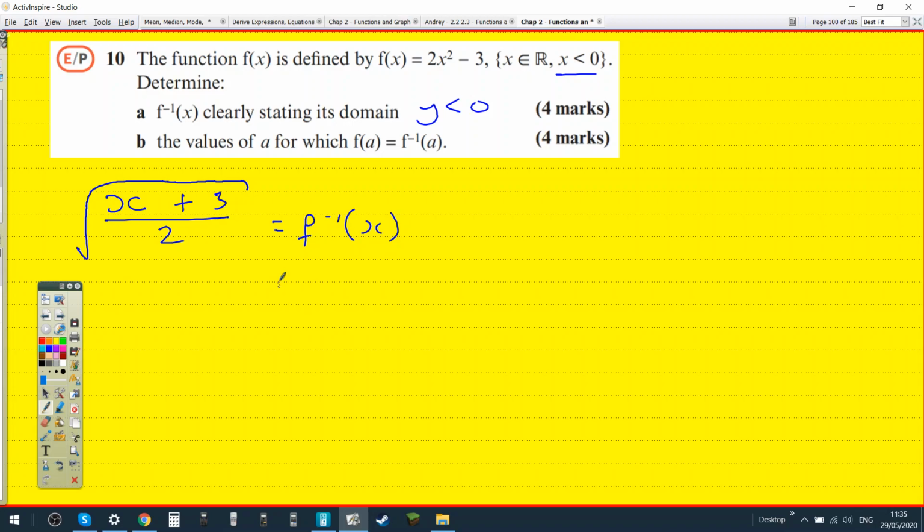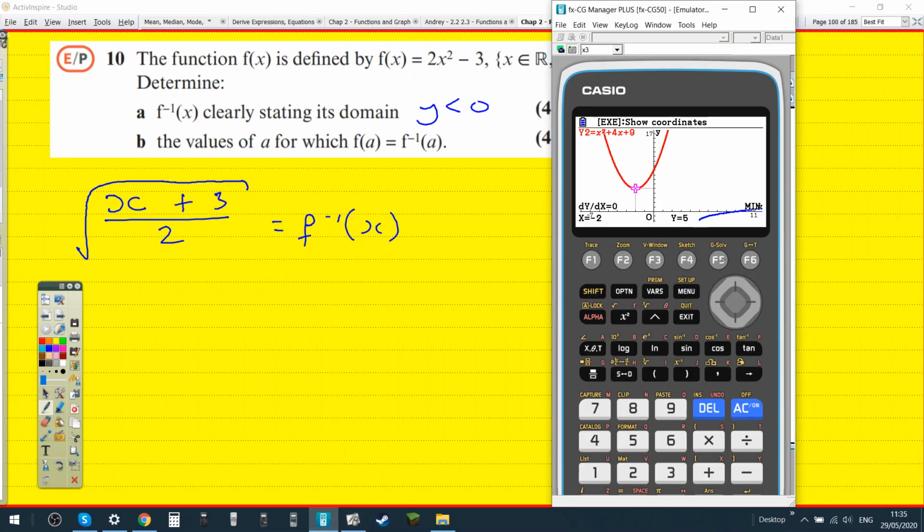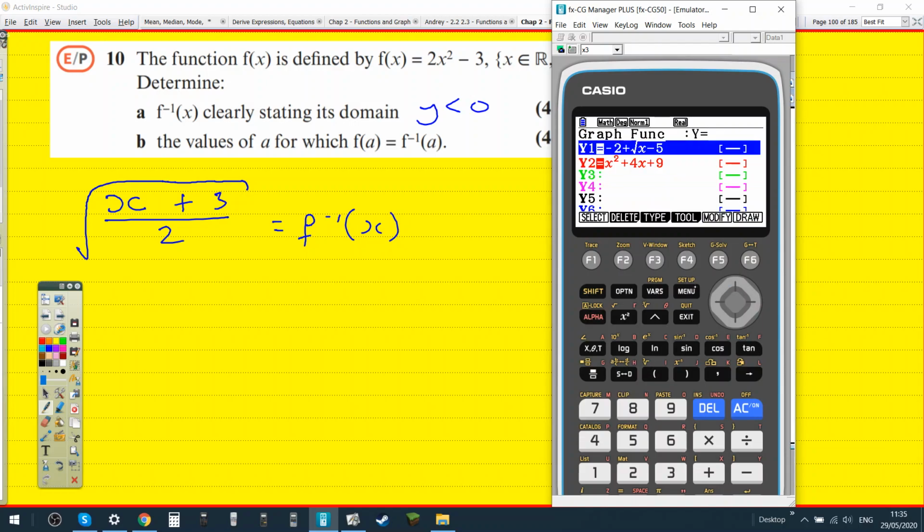Do I need to put it into my graphical calculator? Square root of the fraction x plus 3 over 2.